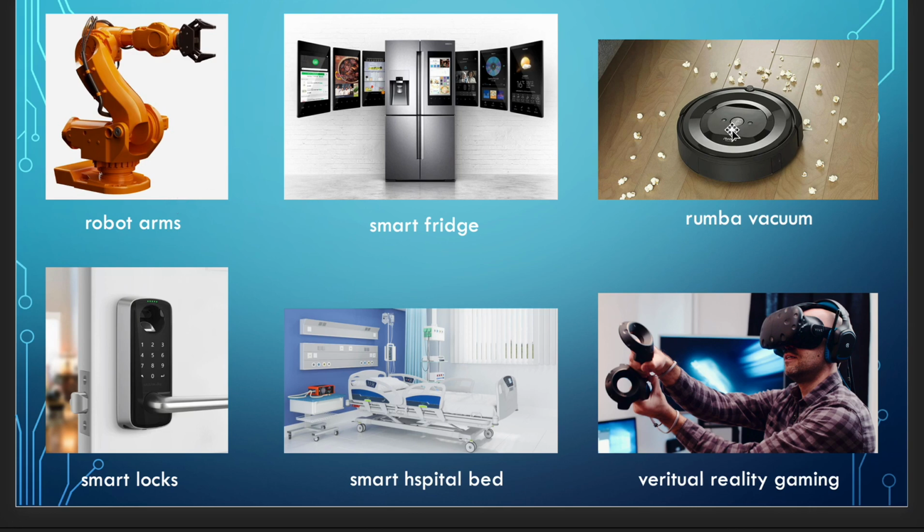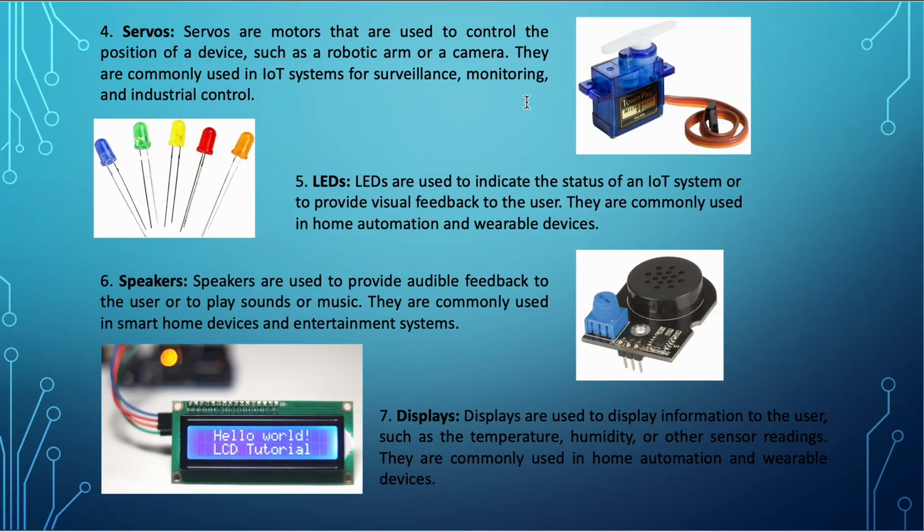So for example, for the Roomba vacuum, for moving forward and backward directly, it can be a motor, but to change the direction of the wheels, they can use a servo motor to do that. So simple things like that. Servo is something that has been used in IoT for a long time, and it is a very usable type of motor, very important for IoT applications.